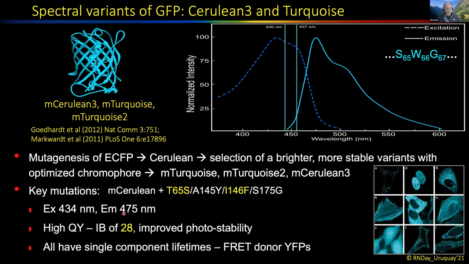Each of these is a very bright cyan fluorescent protein, so an intrinsic brightness in the blue range of 28 is a bright blue fluorescent protein. The mutagenesis improved the photostability. Importantly, for what we're going to talk about later, the cyan fluorescent proteins have a single component lifetime, which is why we prefer to use these variants in lifetime measurements.